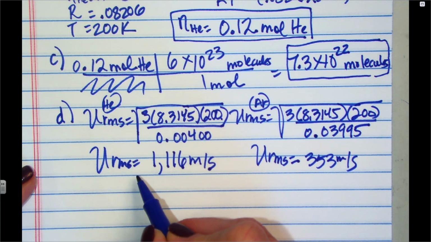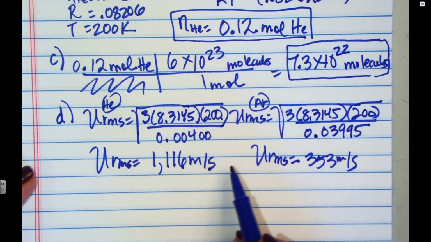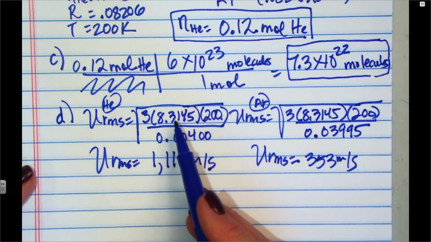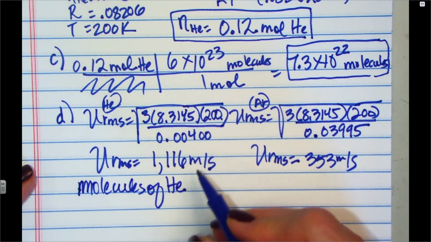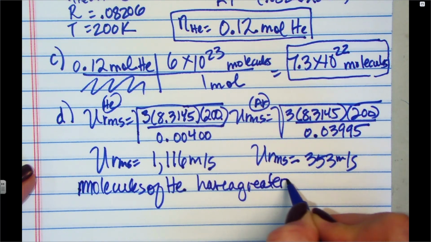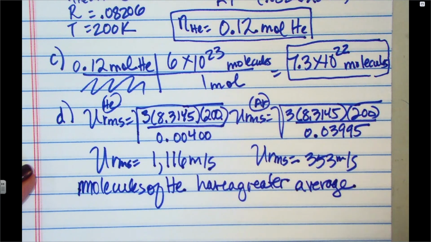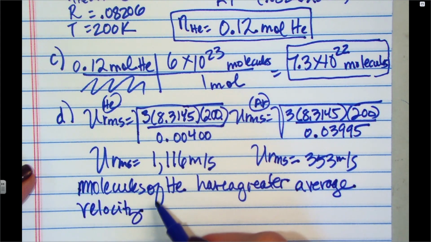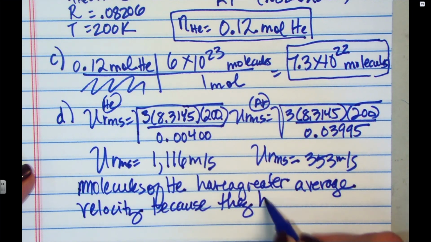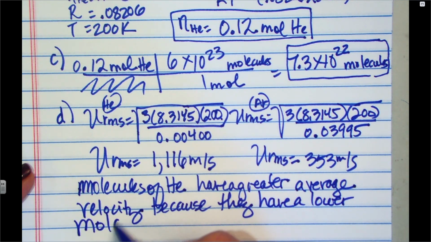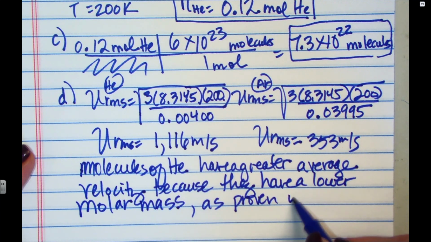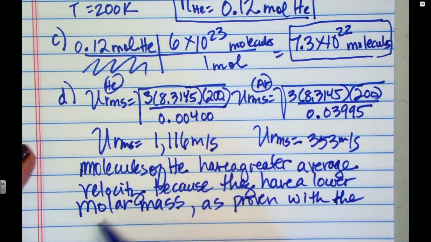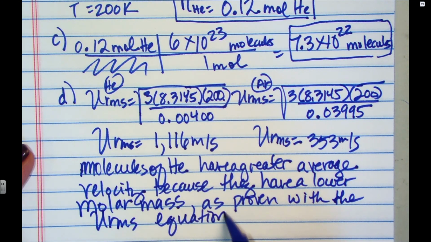So you would say, and I don't think you would even have to go to this point on the AP test, you could just say, due to the much lower molar mass of helium, since they're at the same temperature, the helium atoms, so you could say the molecules of helium, have a greater average velocity, that's your speed, because they have a lower molar mass, as proven with the root mean square velocity equation above.